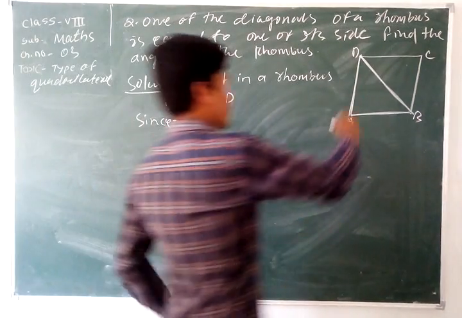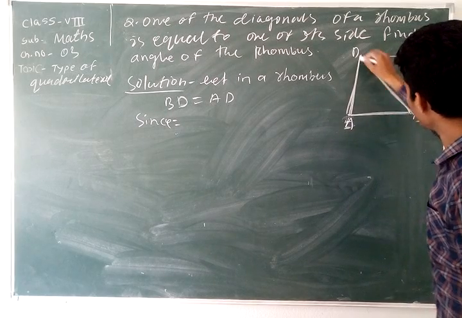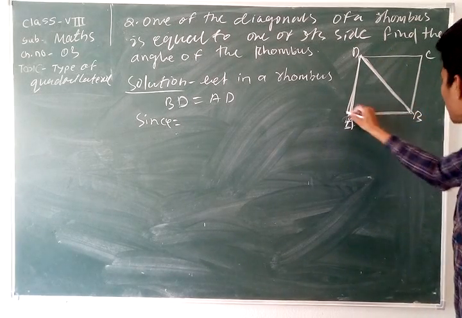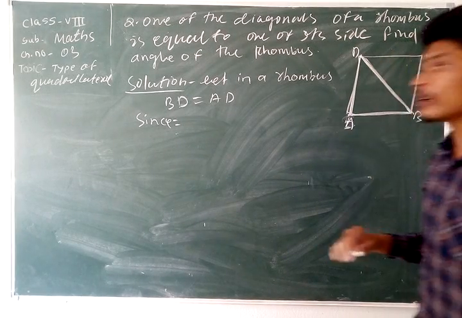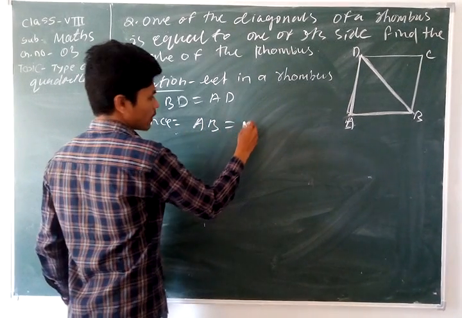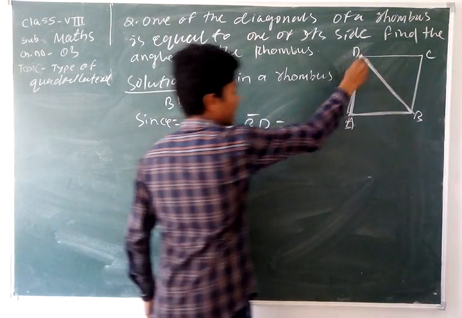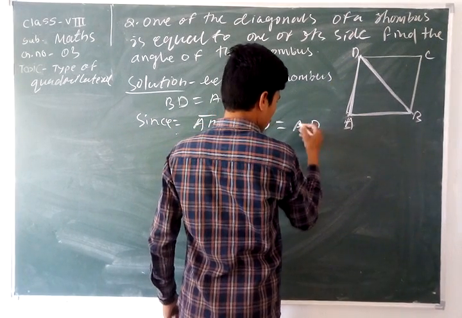See here, we got a triangle. We know that AD equal to BD, so AB also. Then which triangle did you get? Since we got AB equal to BD equal to AD, all sides are equal.